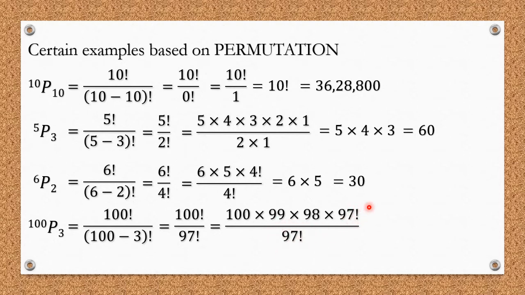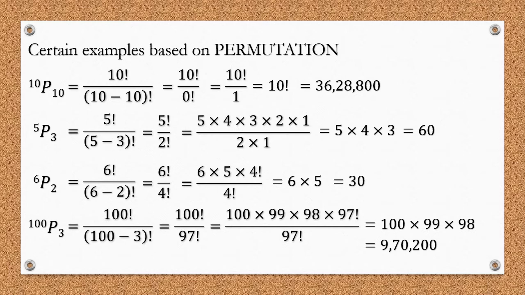So I am just going to cancel these two values. Simple. So I will be left with 100, 99 and 98, and when I multiply them, I get 9,70,200. So this is a kind of shortcut. There are other shortcuts also, but I will be discussing these in my later tutorials. Everything can't be served in a single plate, you know.